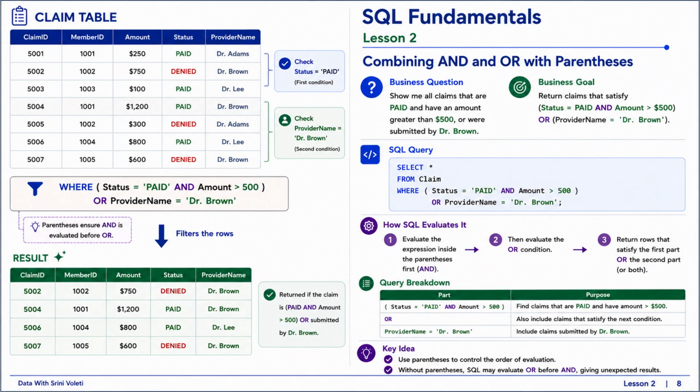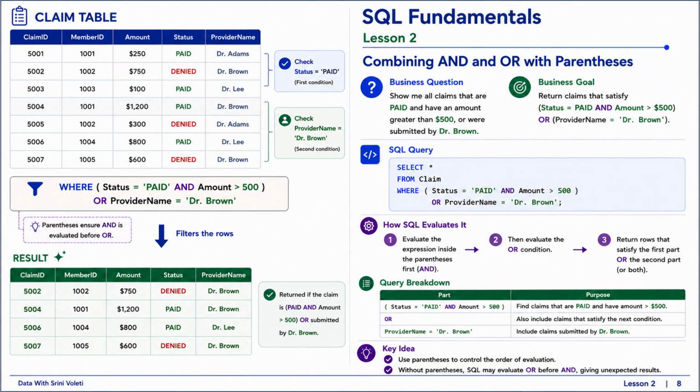The claim must be paid, the claim amount must be greater than 500, or the claim must have been submitted by Dr. Brown. At first glance, this may seem straightforward. However, if we don't organize these conditions correctly, SQL may evaluate them differently than we intended and return the wrong result. That is exactly why we use parentheses.